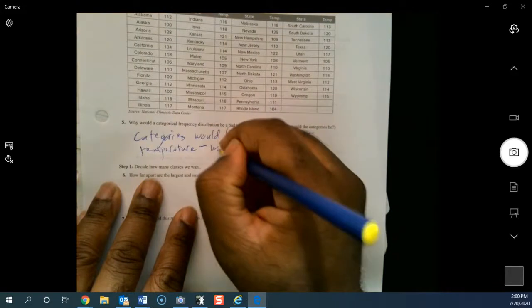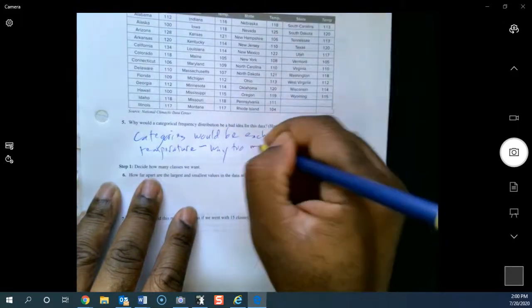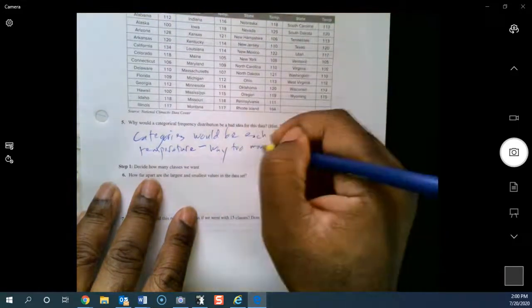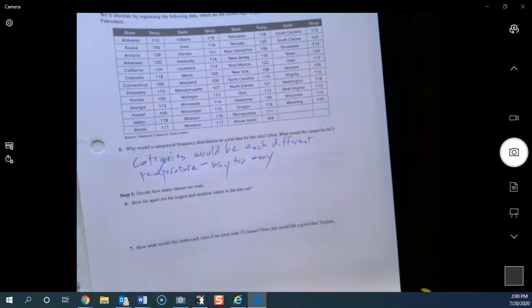It'd be way too many. Now you may have one or two that's the same here, but let's just say if you had three that were the same, that still would be about what, 47 different temperatures that you have to categorize, and that is way too many.